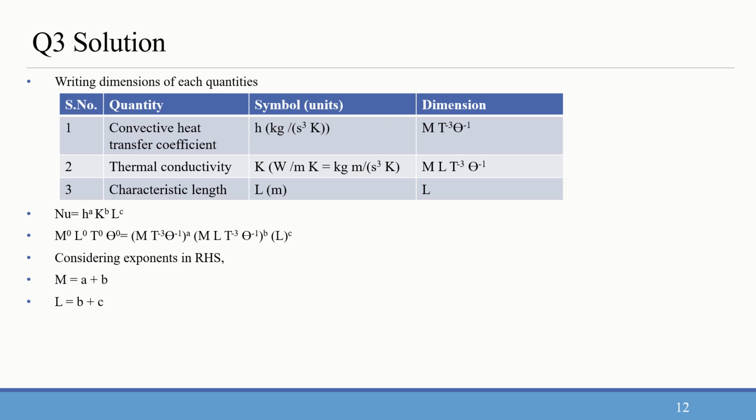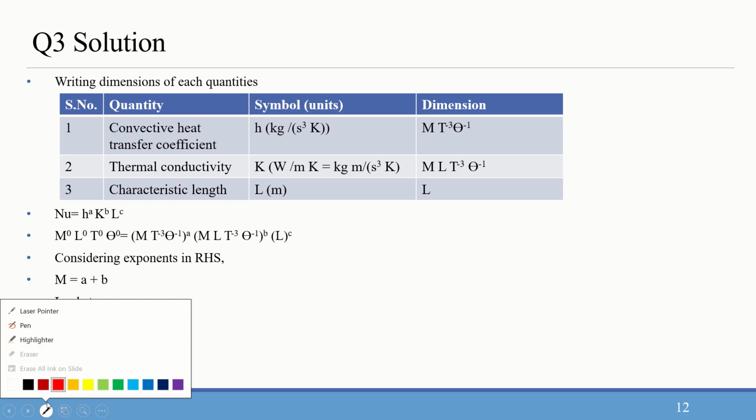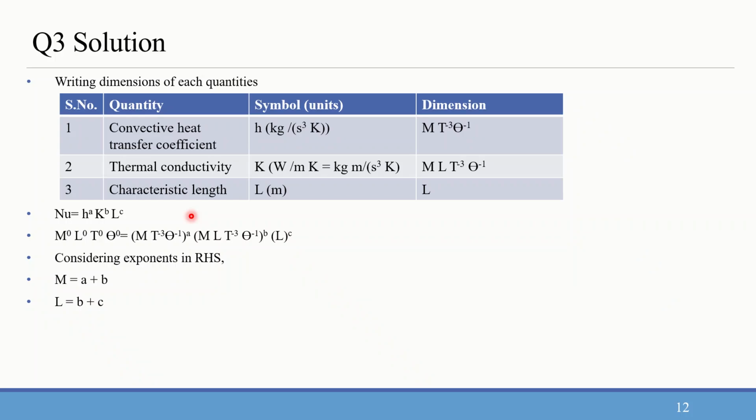For m it is a plus b, and for L we have only b and c, so it is b plus c. And for t, what will we have? We will have minus 3a plus minus 3b, that's it, minus 3a minus 3b. And for theta, we will have minus a minus b.